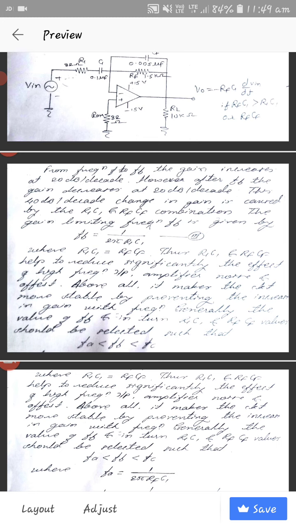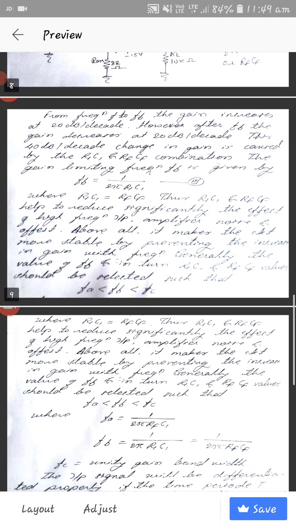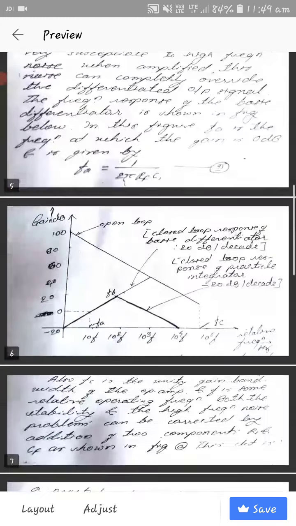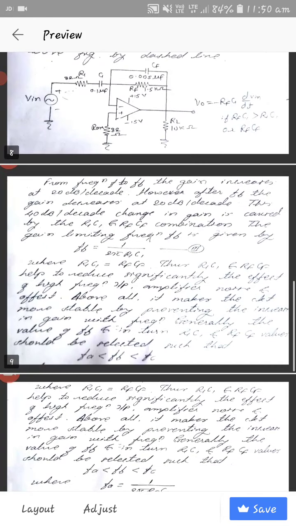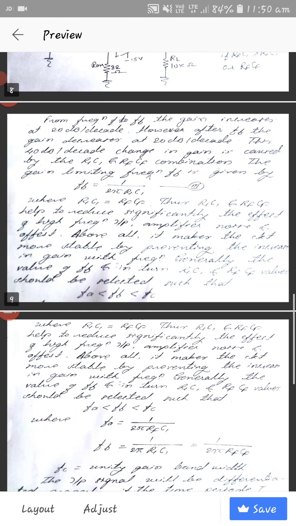The gain limiting frequency FB is equal to 1/2 pi R1 C1. Here you see the FA frequency is 1/2 pi RF C1, and the frequency FB is equal to 1/2 pi R1 C1, where R1 C1 is equal to RF CF. That means the value of the resistor and capacitor at the input is equal to the value of the resistor and capacitor in the feedback.